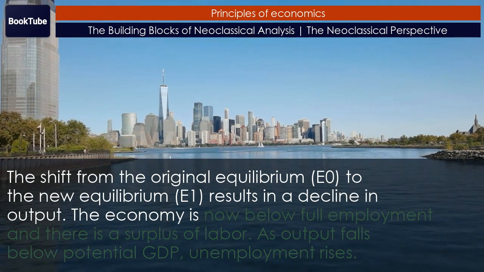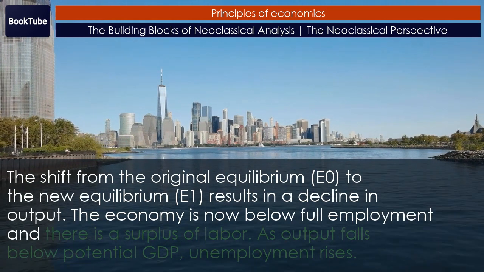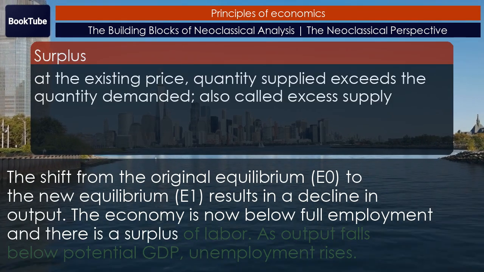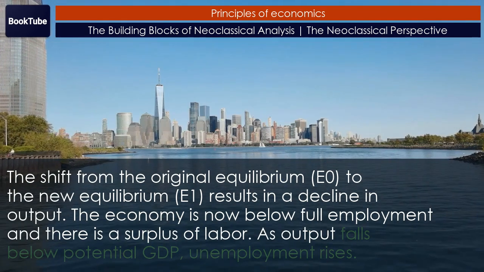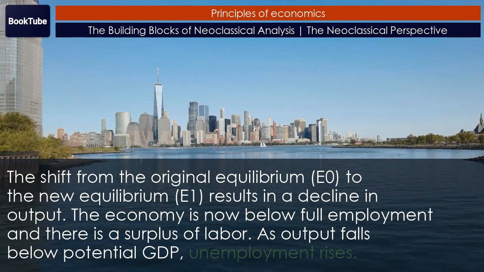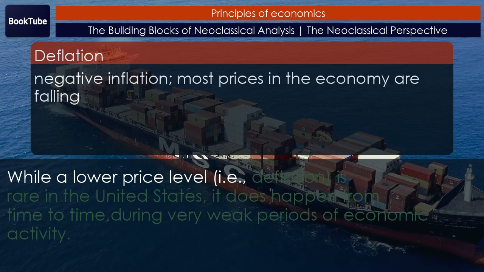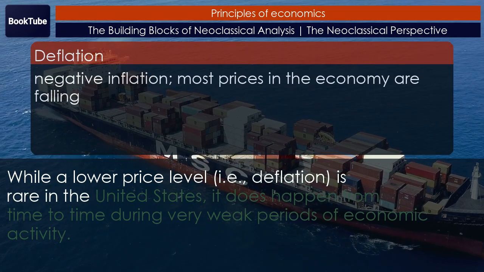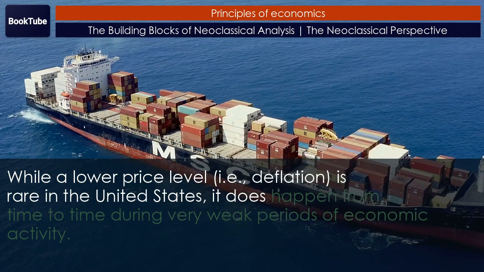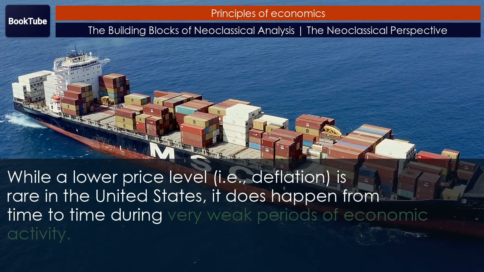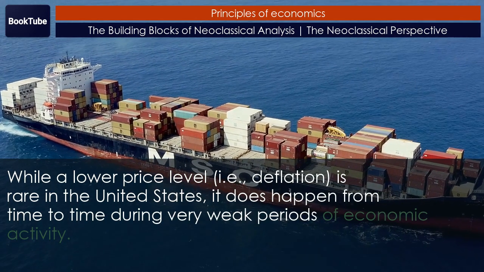The economy is now below full employment and there is a surplus of labor. As output falls below potential GDP, unemployment rises, while a lower price level, that is, deflation, is rare in the United States. It does happen from time to time during very weak periods of economic activity.